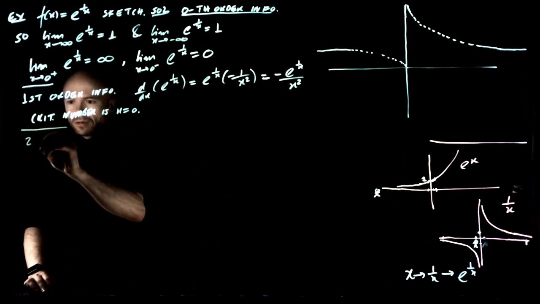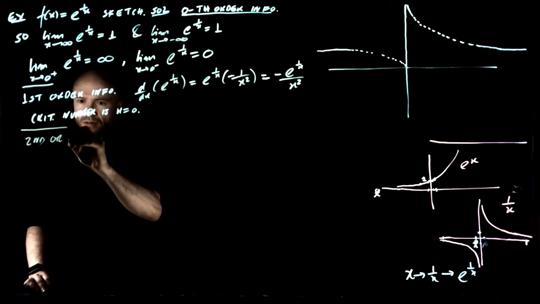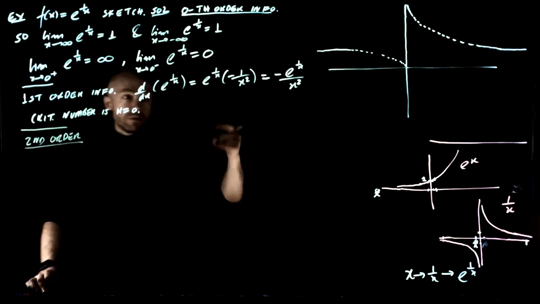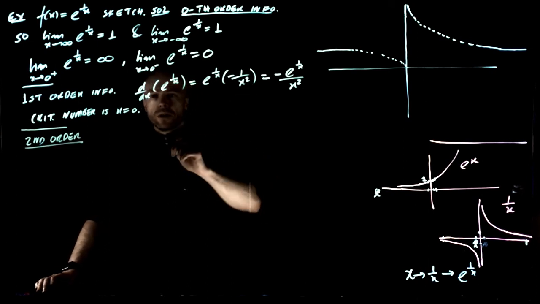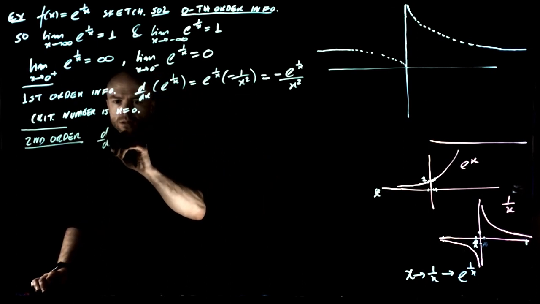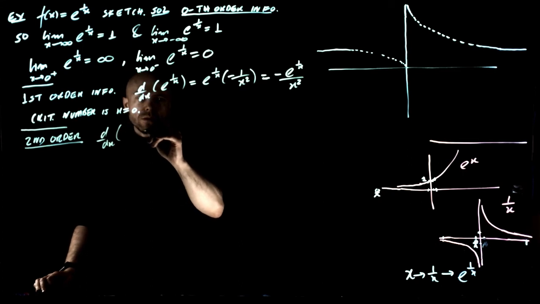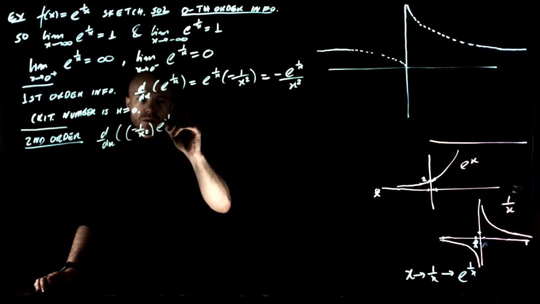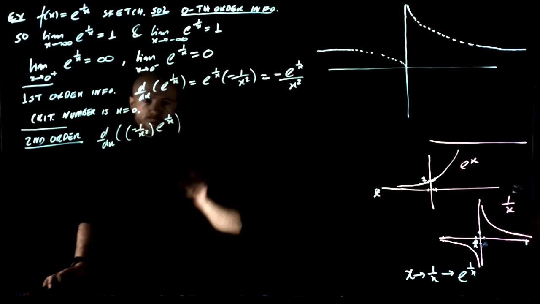Now the second order. We take the derivative of this thing. Let's work with this expression. I'm going to apply the product rule.